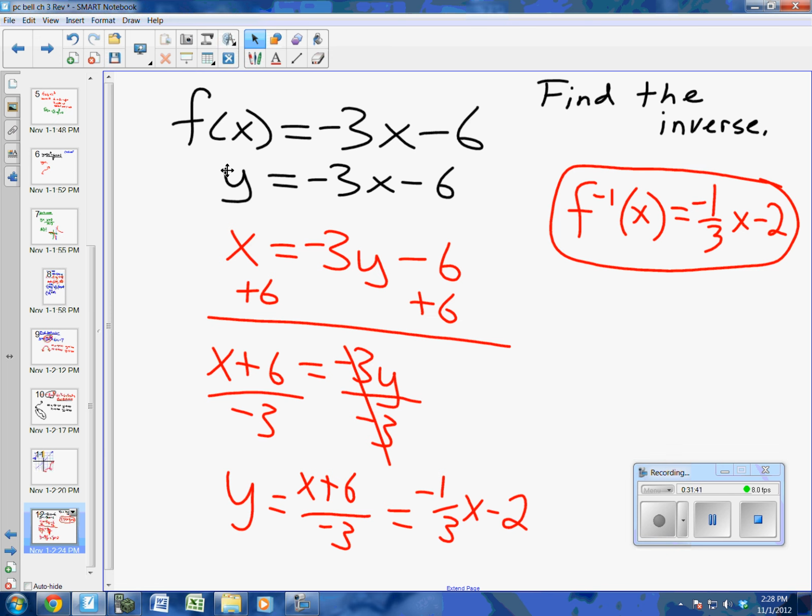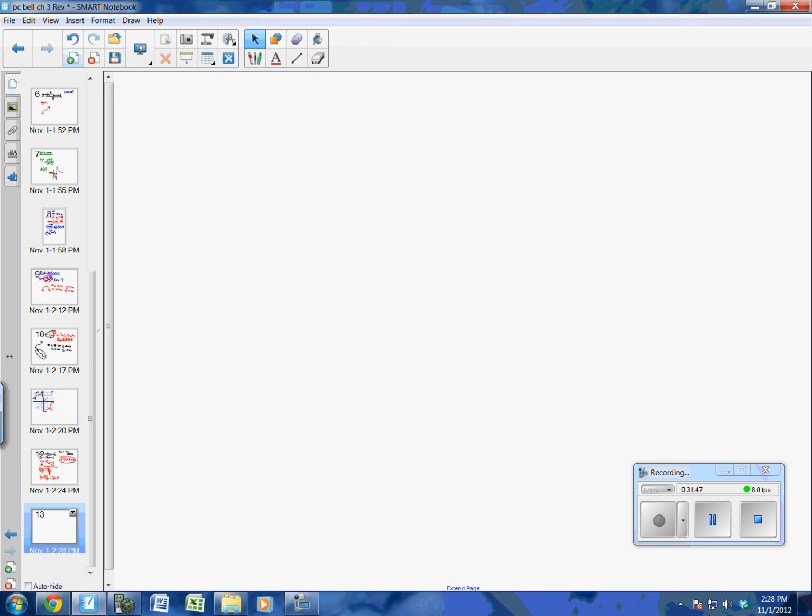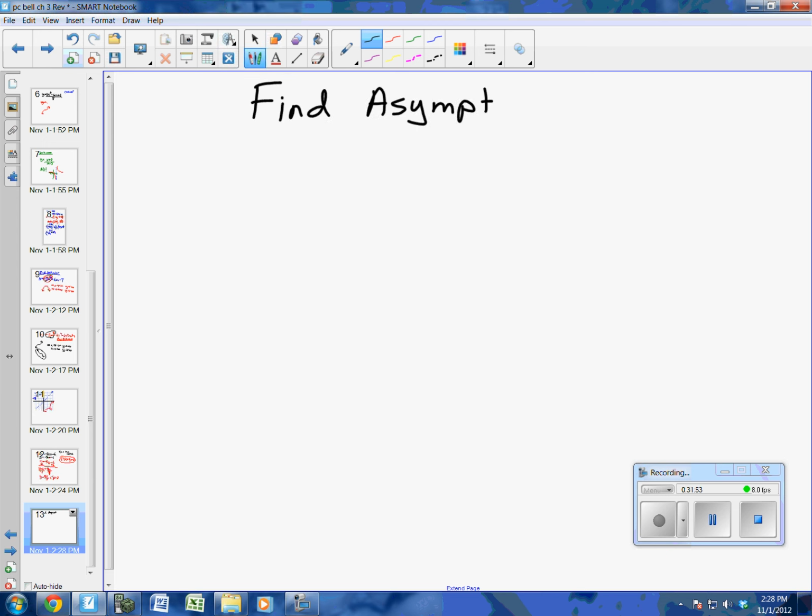Okay. I want you to find any asymptotes that this function has. Find asymptotes. Remember, you guys, I gave you that paper that tells you how to find asymptotes.